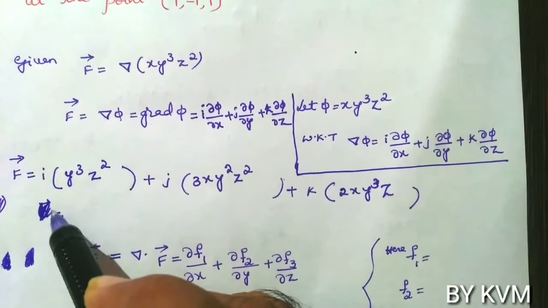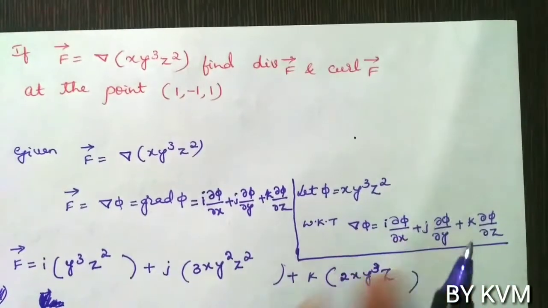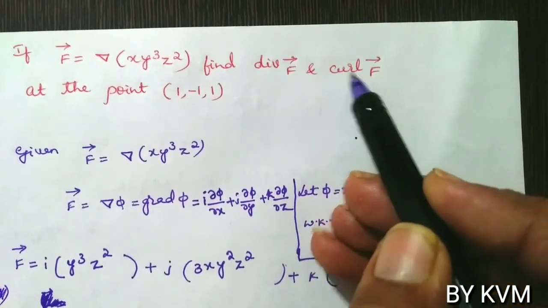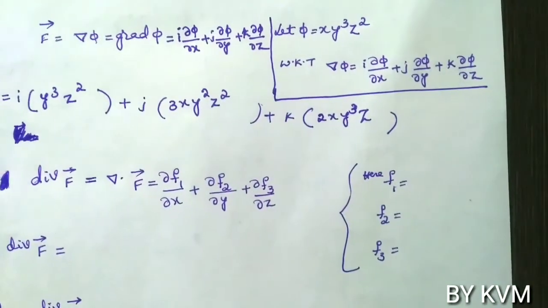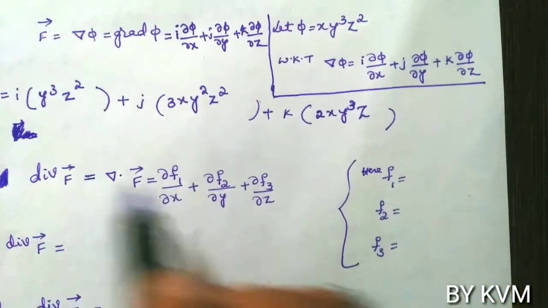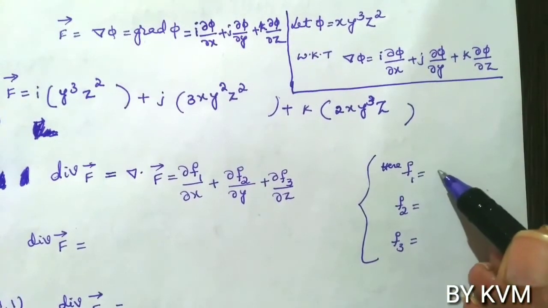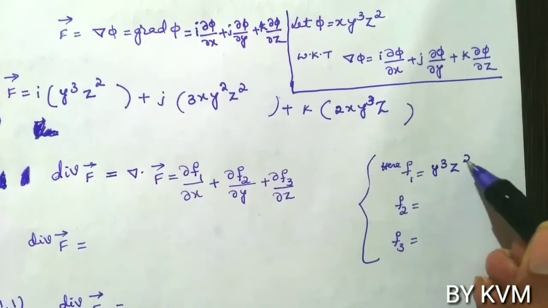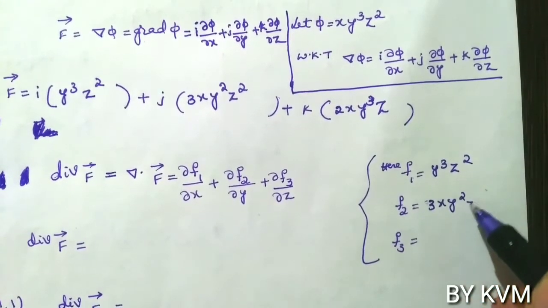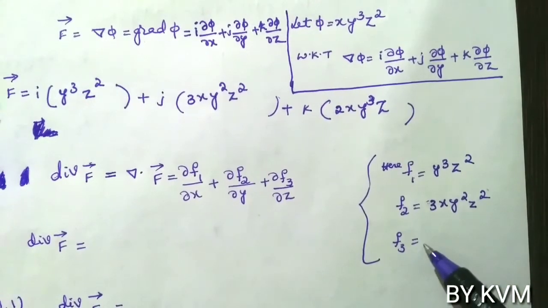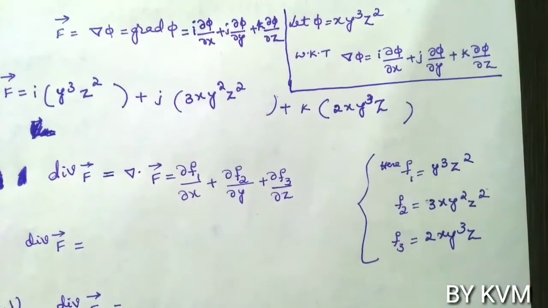Now after finding vector f, we have to find the divergence of vector f and the curl of vector f at the point (1, -1, 1). To find the divergence of vector f, take the coefficient of i as f1, which is y cubed z squared; f2, the coefficient of j, is 3x y squared z squared; and the coefficient of k, f3, is 2x y cubed z.